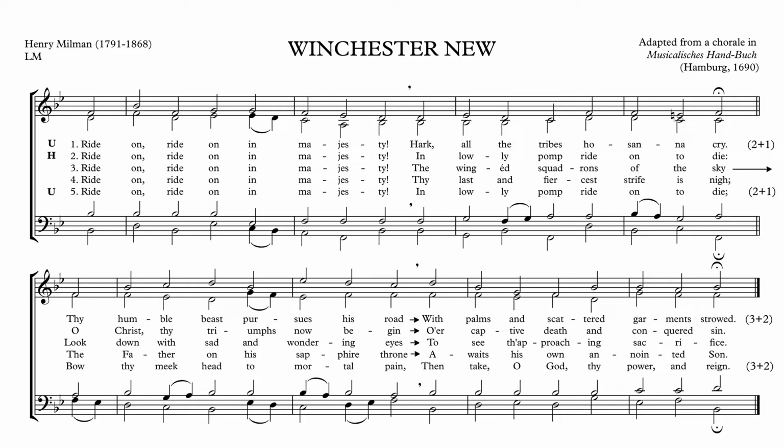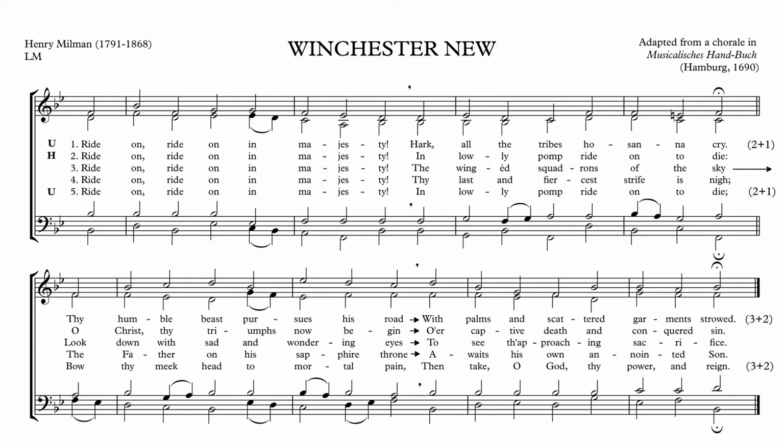So question 10 is name all the parts. So the parts from top to bottom are called soprano, stems up on the upper stave. Then alto, stems down on the upper stave. Then tenor, stems up on the lower stave. And then right at the bottom, bass, stems down on the lower stave.